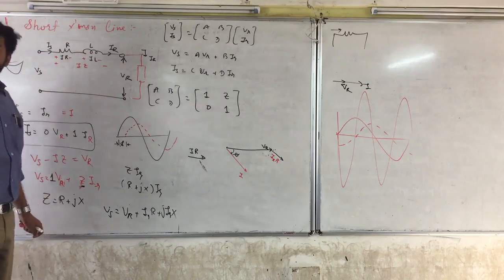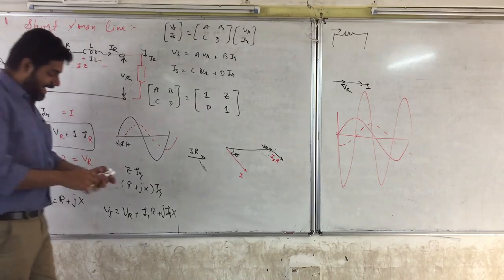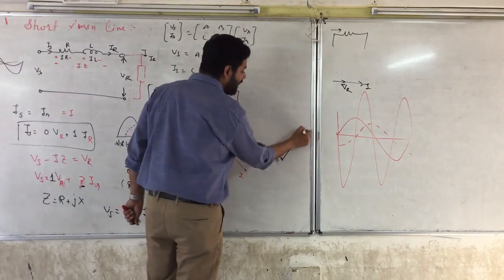The drop of I into X is perpendicular to the current direction. So we have I into X like this.